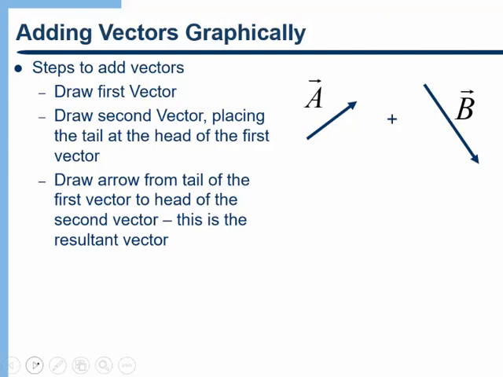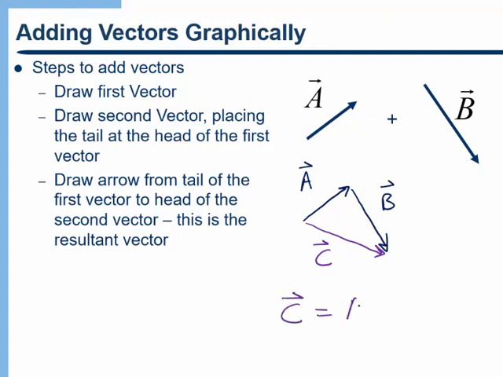If I want to add vector A and vector B, the first thing I do is draw vector A. Then I want to take the tail of the second vector, vector B, and place it at the head of vector A. So there's vector B, and then my resultant vector goes from the tail of A to the head of B. Vector C then is equal to vector A plus vector B.